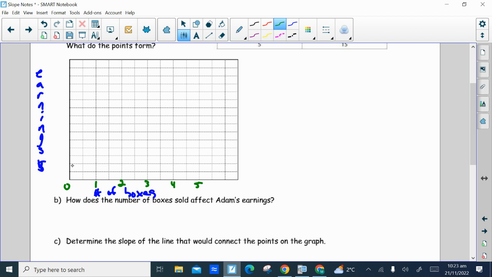So 1, 2, 3, 4, 5, 6, 7, 8, 9, 10, 11, 12, 13, 14, 15. They will all fit here. So this is 1, 2, I'm going to put 3, 4, 5, 6, 7, 8, 9, 10, 11, 12, 13, 14, $15.